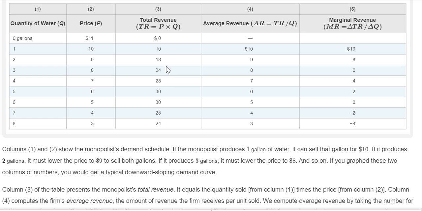Now, that's the change in total revenue, 4. What's the change in quantity? Well, let's look over here. From 3 to 4, that's simply 1. The quantity changed from 3 to 4. So therefore, the change in total revenue, which was 4, divided by the change in quantity, 1, is 4.